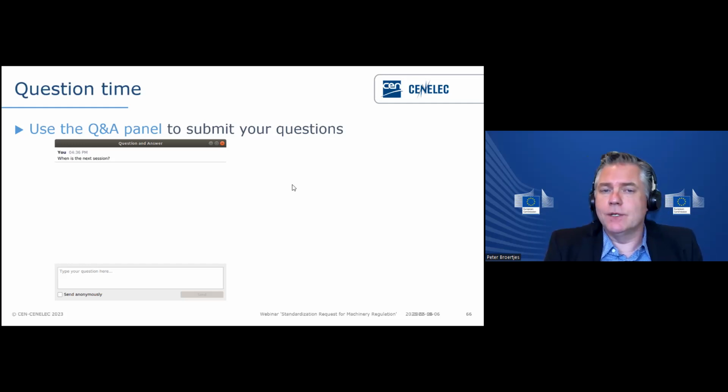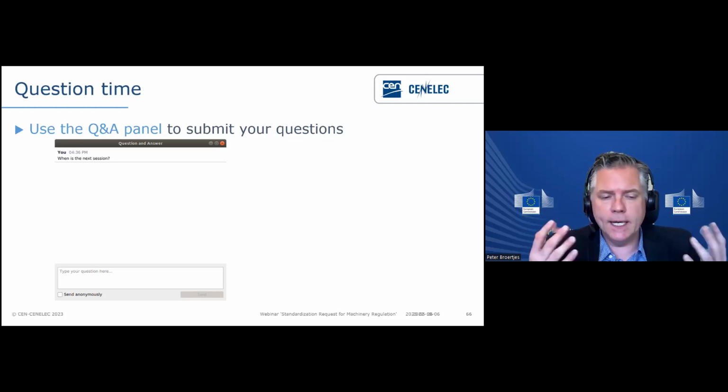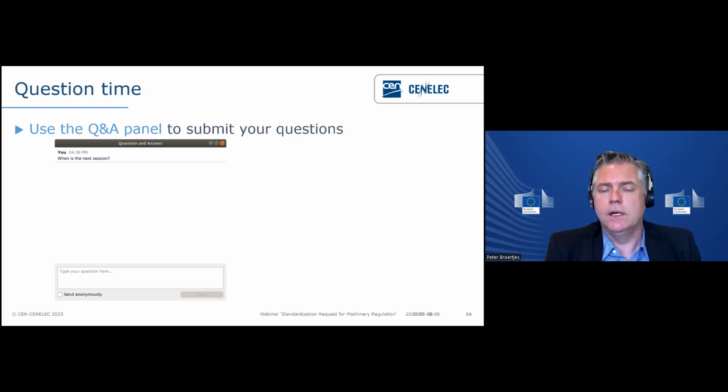So basically, how does the transition work? It will be very complicated and challenging, I think, also for manufacturers. It is unfortunate, but I think it's a reality, because as I said, some things you can simply not apply before the legislation is actually applying. So what does this mean? From a manufacturer's perspective, they have to prepare themselves for this.